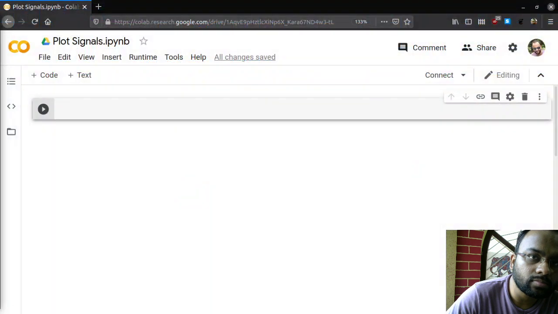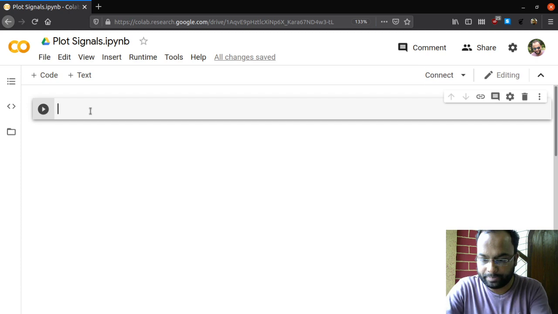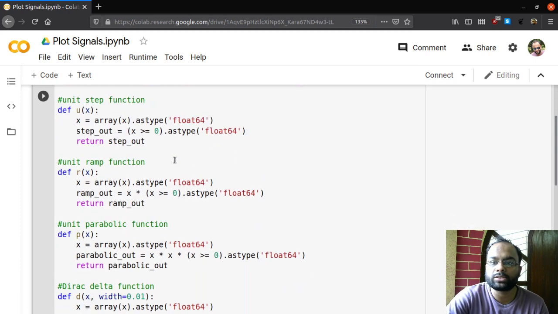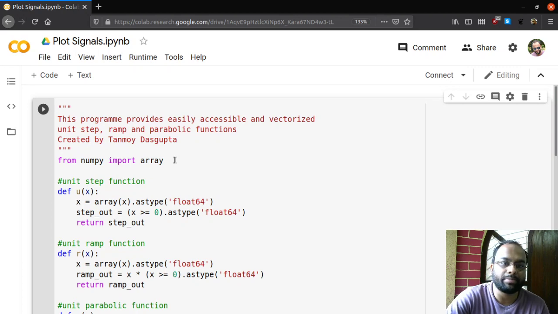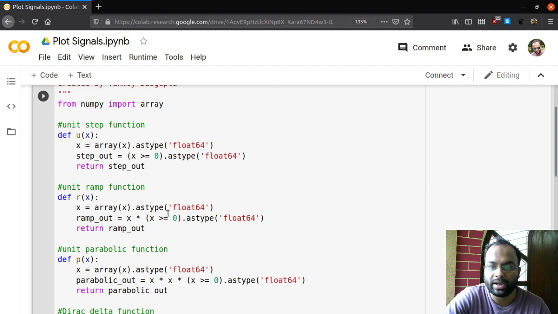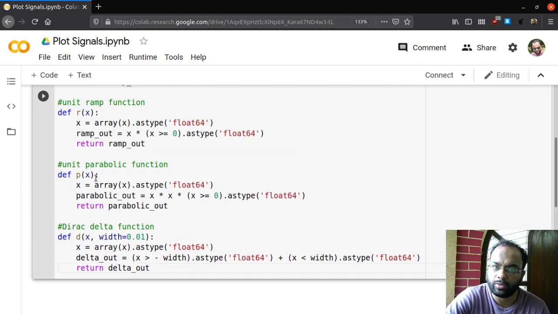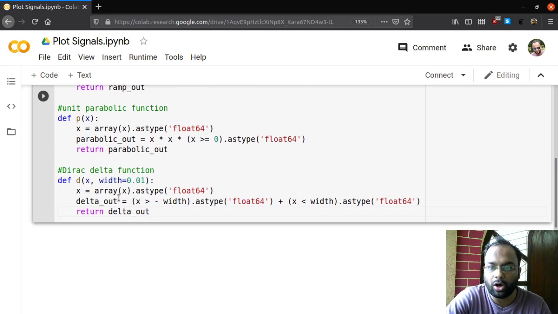Right, so I copy pasted some code that I wrote earlier. This program defines the unit step, unit ramp, and unit parabolic function, which is again an integration of the unit ramp, and also the Dirac delta function.